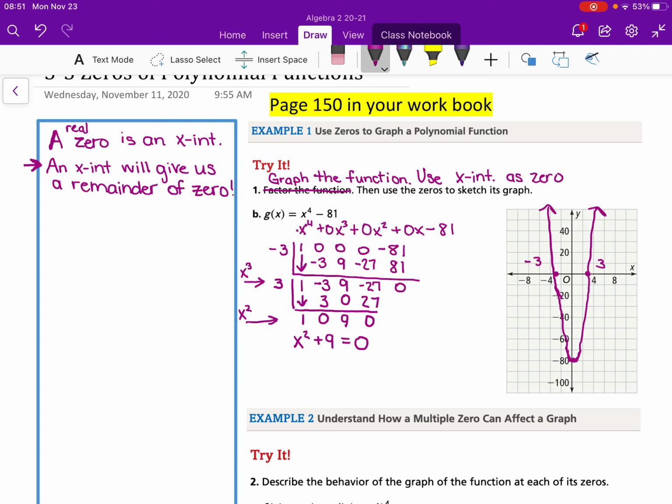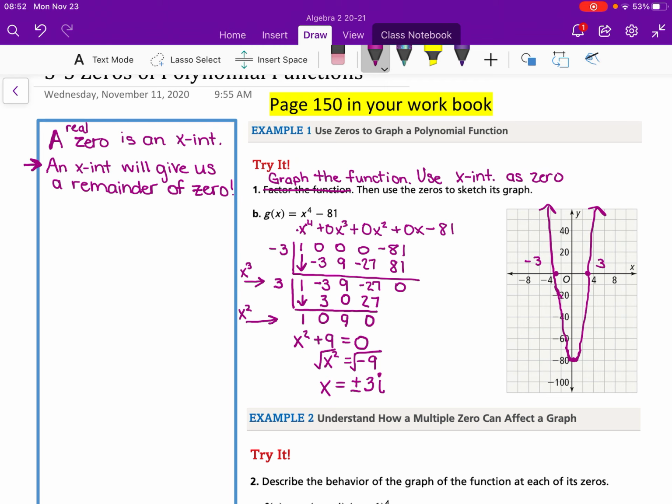If I wanted to find the other zeros, I would solve for x. So x squared equals -9. Square root. X equals positive or negative, because I took the square root. The square root of 9 is 3. And anytime I have a negative under the square root, it's imaginary, so it's i. So positive or negative 3i.